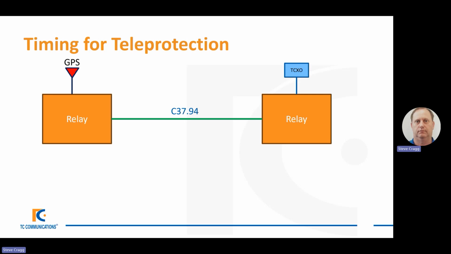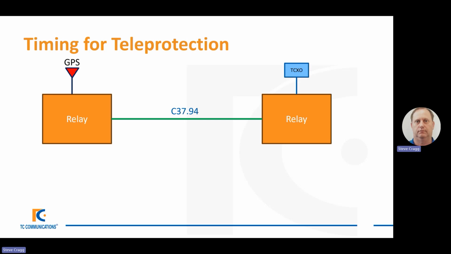And we can see that here. If you have here a GPS locked clock on one side and one running a regular oscillator on the other, perhaps a temperature controlled crystal oscillator, that will drift over time. And what we're showing here is the one on the left is synchronized by the GPS.